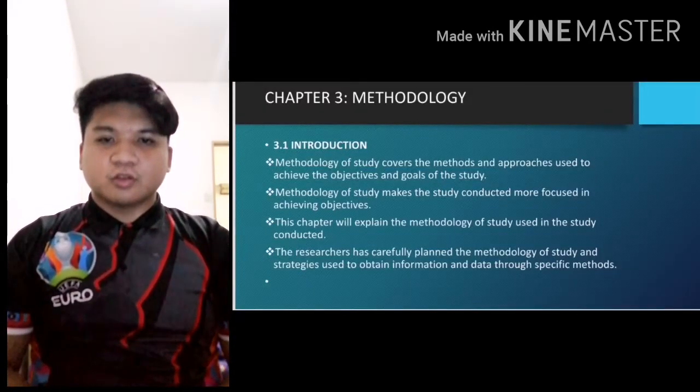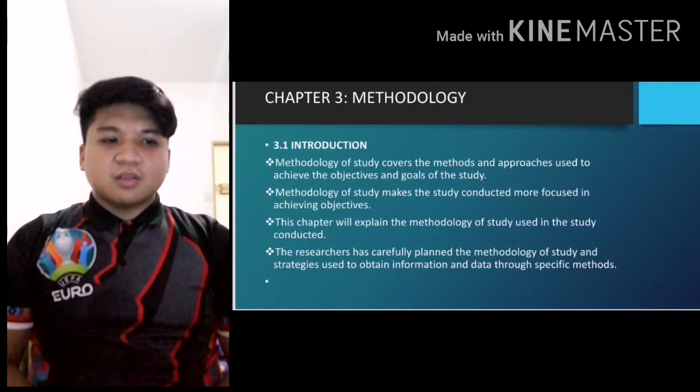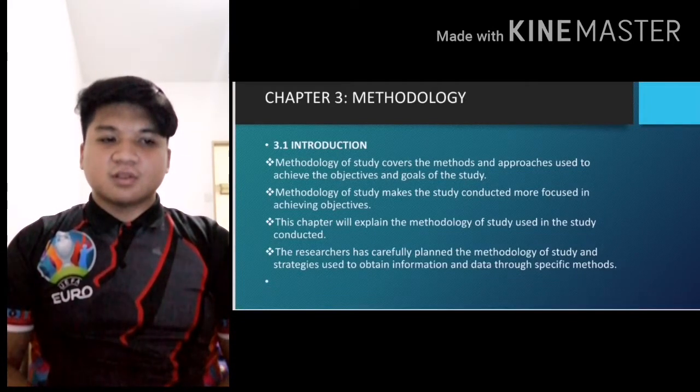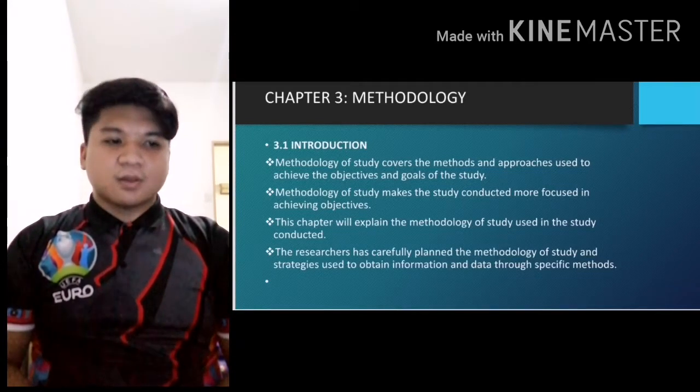Our methodology of study covers the methods and approaches used to achieve the objectives and goals of the study. The methodology makes the study conducted more focused on achieving objectives.